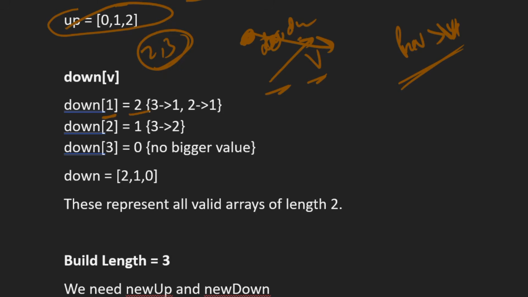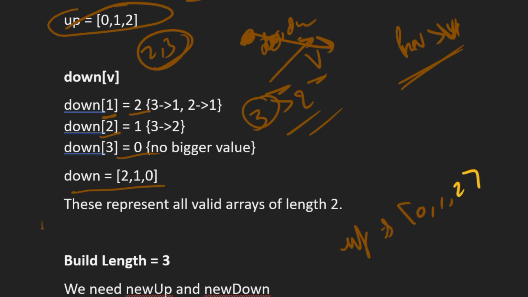So down of 1 is 2, then down of 2 is 1 because we have only 3 which is greater than 2, and down of 3 is 0 as there is no greater element than 3. So we compute the down array also. So from here we get up is equal to 0 1 2 and down is equal to 2 comma 1 comma 0, right?